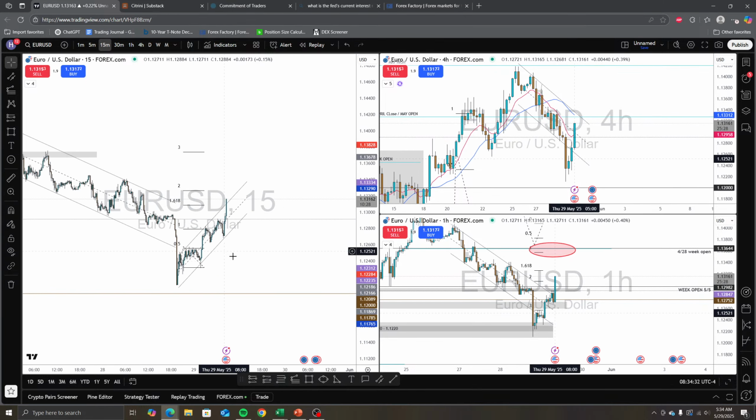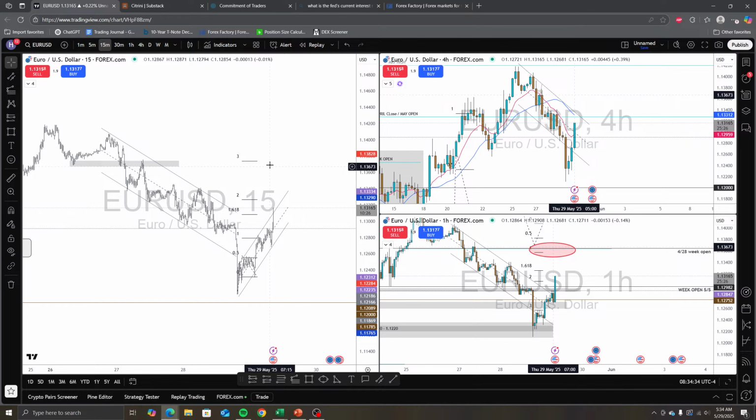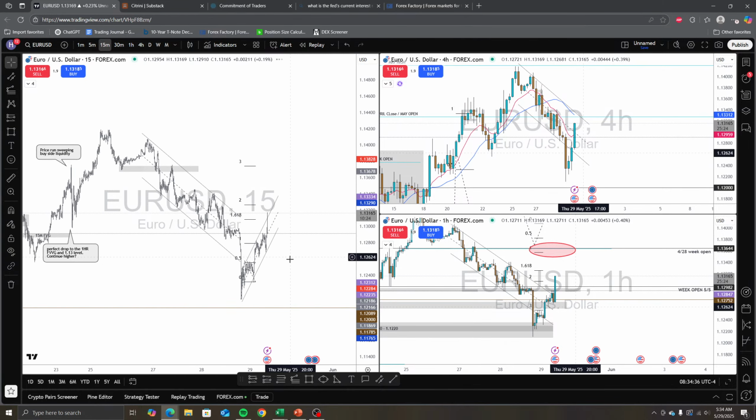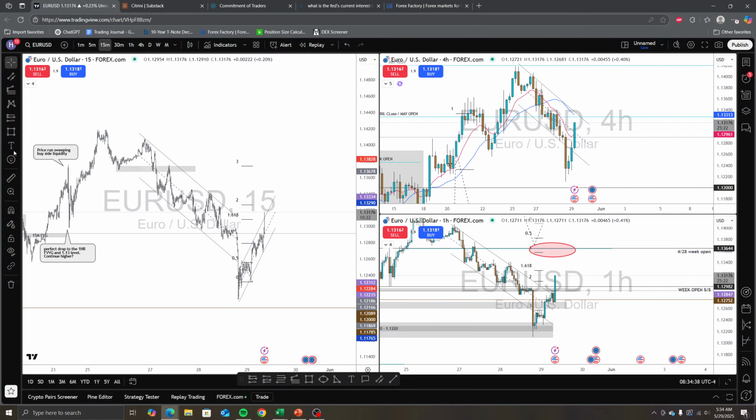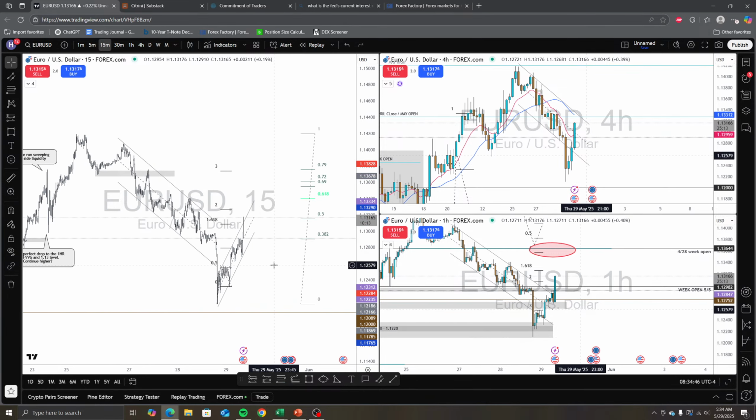But now I have to find some kind of fib level, fib extension, or fib retracement that would make sense. Here we don't see anything really match up.